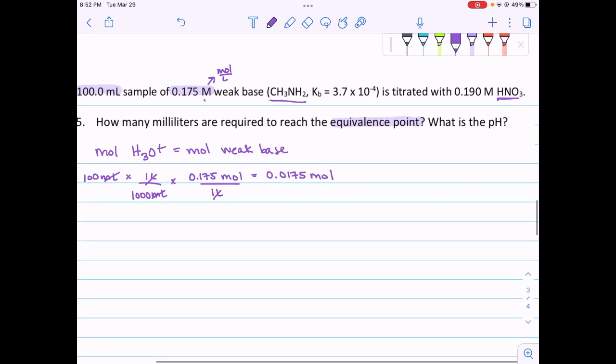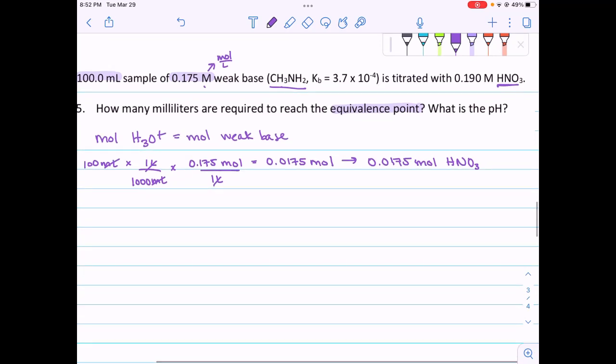So this will also be how much HNO3 we have, or strong acid. So now, if we look over at our strong acid, we know that we have 0.19 molarity, or moles per liter, of HNO3.